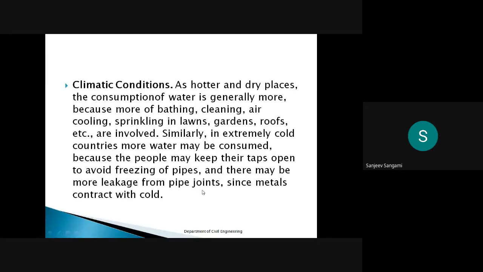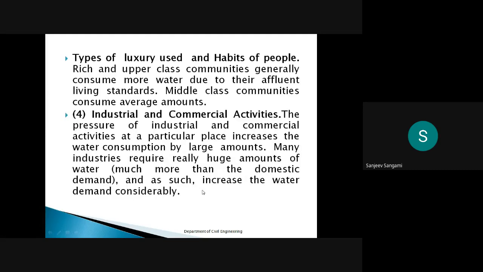Then the third one, the habits of the people and the luxury they use. It depends on the type of lifestyle they live in their cities. That is also going to affect. So if upper class people are there, a lot of consumption will be there because they have a lot of demands for water.